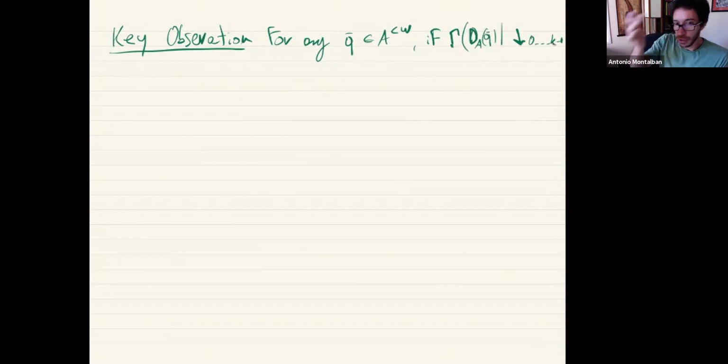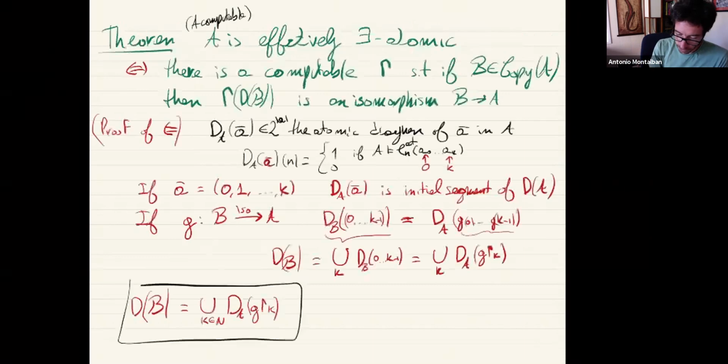Okay, so let me see what this means. So remember, this gamma is a computable operator, right? So one way of thinking about it is a Turing machine, and then this is the oracle, because it's a computable operator, right? So it's an infinite oracle. So that means if instead of putting an infinite oracle, we put an initial segment, the Turing machine is going to converge on some inputs, because it's not going to ask questions beyond that segment.